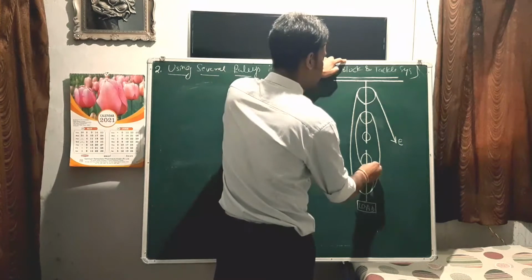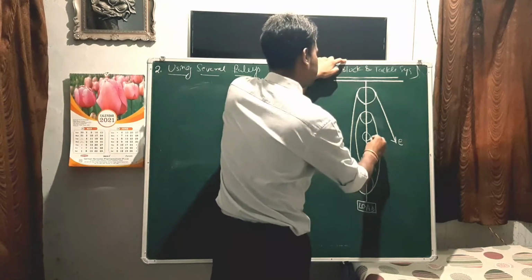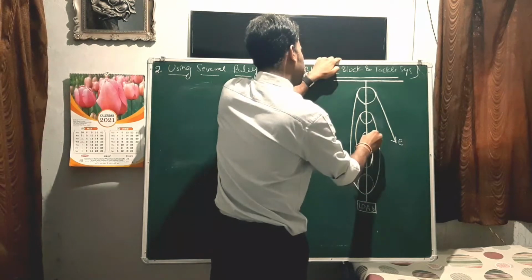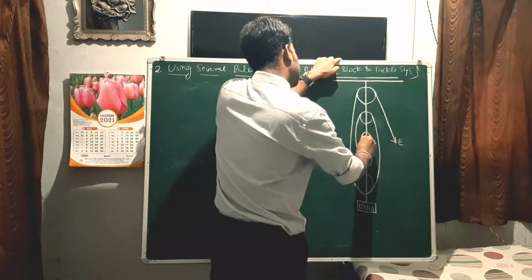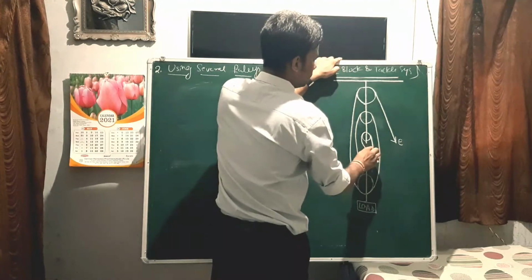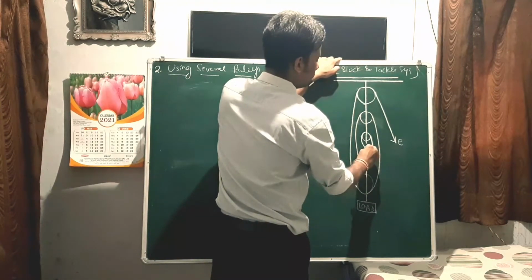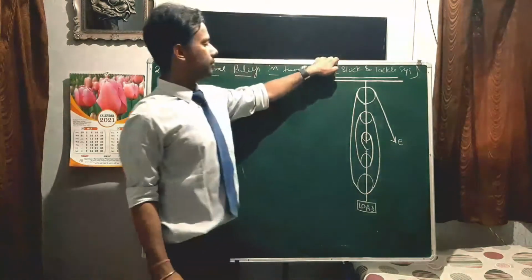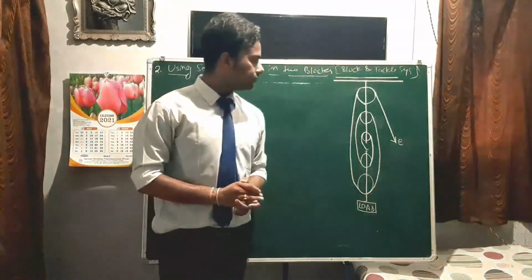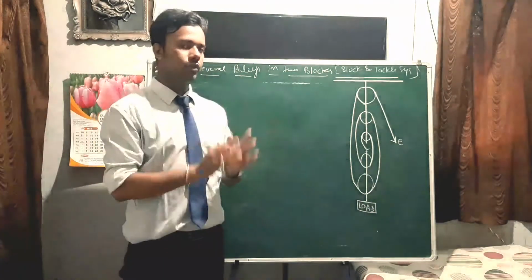You go like this, and finally it will connect to this hook. So this is how we wound the string around the pulleys.